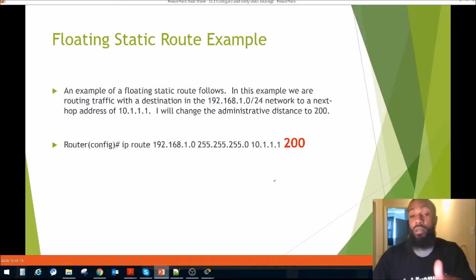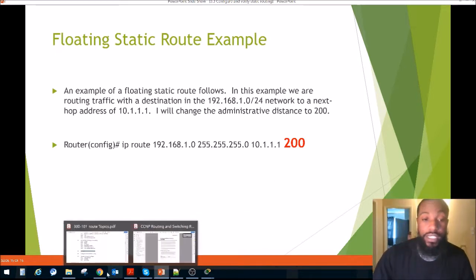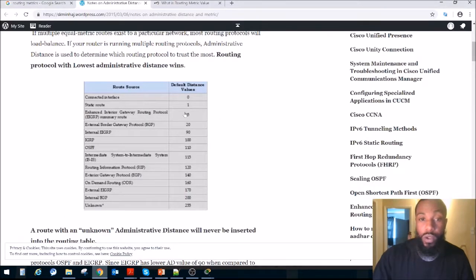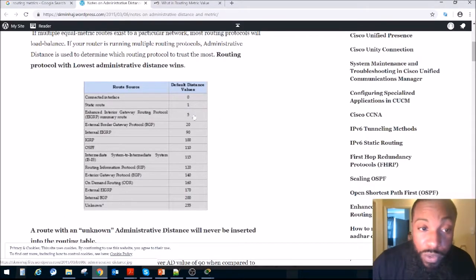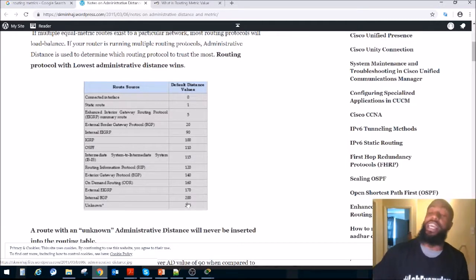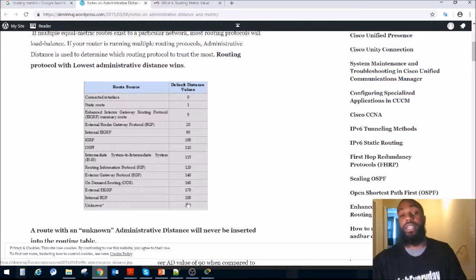Below, let's look at this route administrative distance table. We can have a route using EIGRP internal, a BGP route, an IGP route. We can have all these routes because they're all under 200. But our 200 route will be the backup. That's like, in case all else fails, go ahead and take this route. That's basically what that's doing.